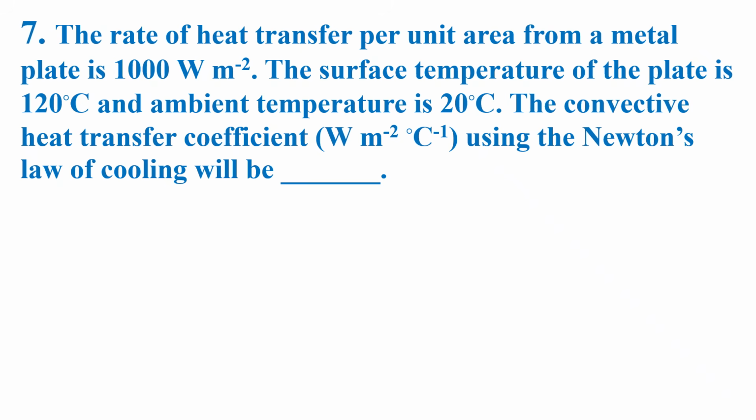The heat flux from a metal plate is 1000 watt per meter square. The surface temperature of the plate is 120 degrees Celsius, ambient temperature 20 degree, convective heat transfer coefficient we have to calculate using the Newton's law of cooling. So in formula we know that Q is equals to H A delta T. Now what is Q? Q is rate of heat transfer.